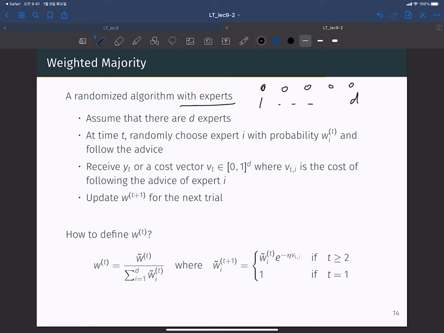And this weighted majority rule just learns some coin tossing with some probability, and then from the random coin tossing, randomly selects one of the experts at each time, and then just follows the expert's advice.